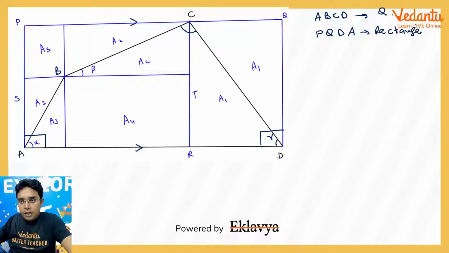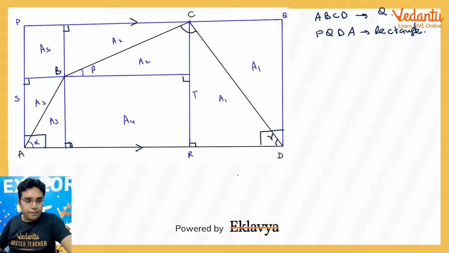I think simple observation may do this question for us. Please see, I have drawn a perpendicular from C to AD. Similarly, I have drawn a perpendicular from B to CR. All these lines which we are seeing are perpendicular to each other at their point of intersection.